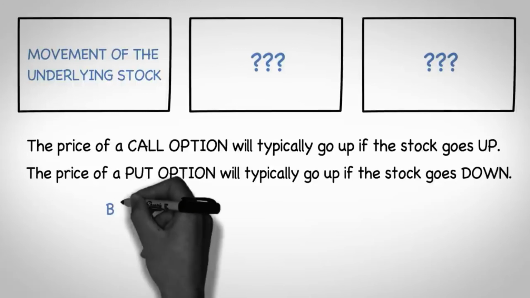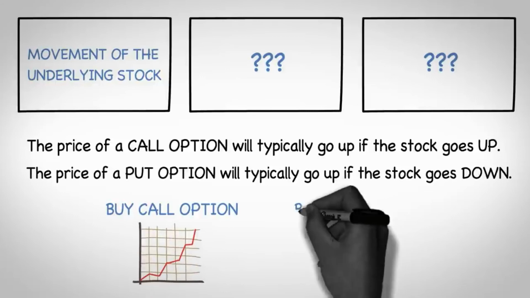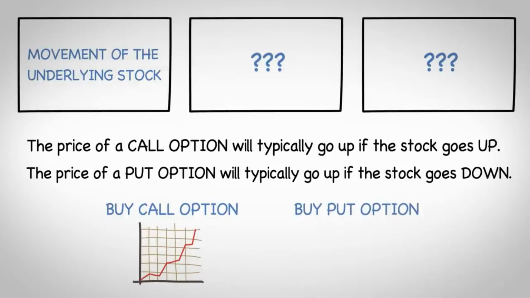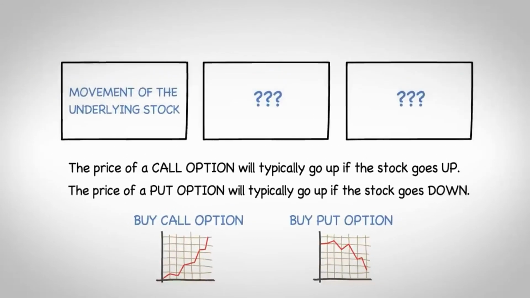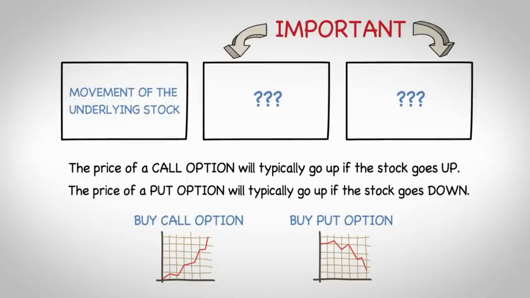So to put it simply, if you buy a call option, you are betting that the underlying stock's price will go up. And if you buy a put option, you're betting that the underlying stock's price will go down. But remember, there are also 2 other factors that affect an option's price, and they are extremely important. So don't go buying options yet. You're going to learn about these in the next chapter.